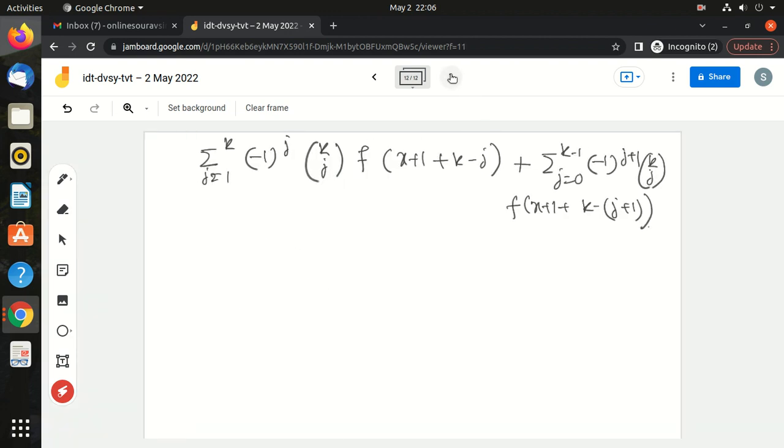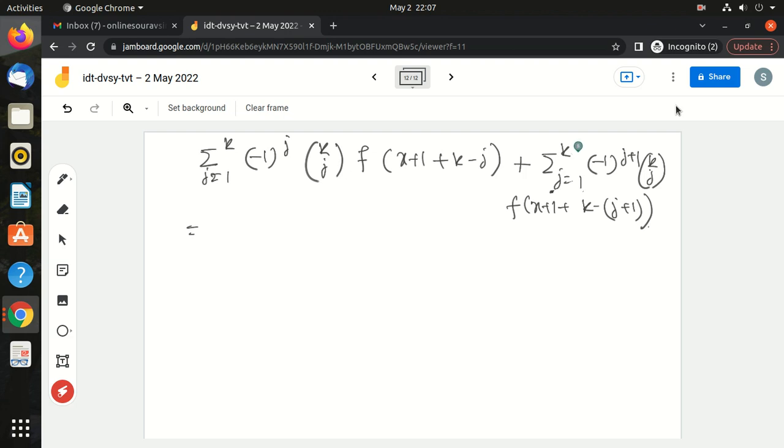So this is what I have. Okay, so what you do, you rename this sum. You put j equal to j plus 1. Then this guy becomes j equal to 1 to k; it was k minus 1, so with plus 1 it will be k.